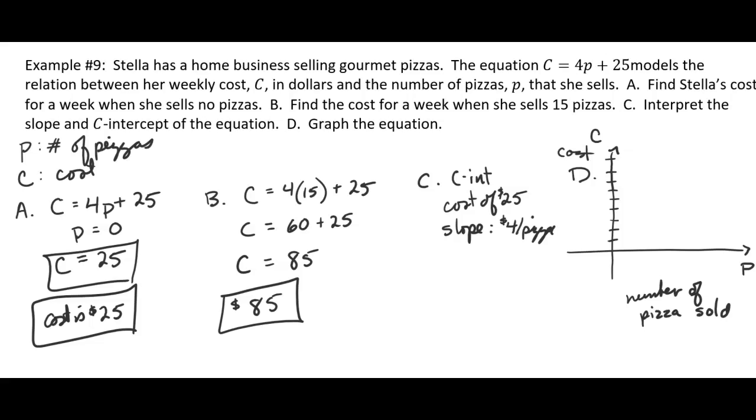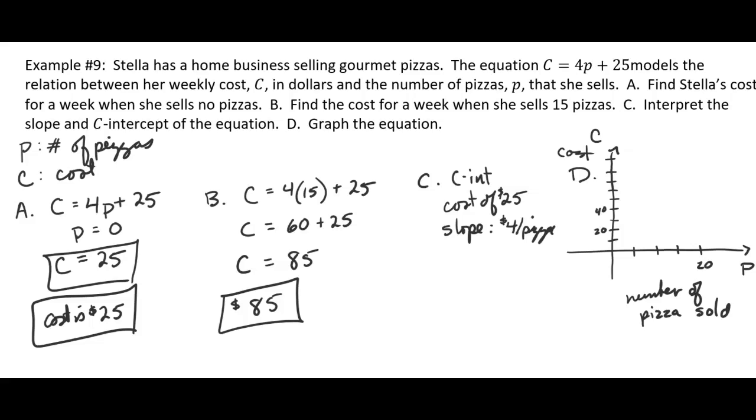So let's go 5, 10, 15, 20. Now we're counting by 5s there, and we were labeling these by 10s: 20, 40. You have to put some numbers so that people will know what your scale is.